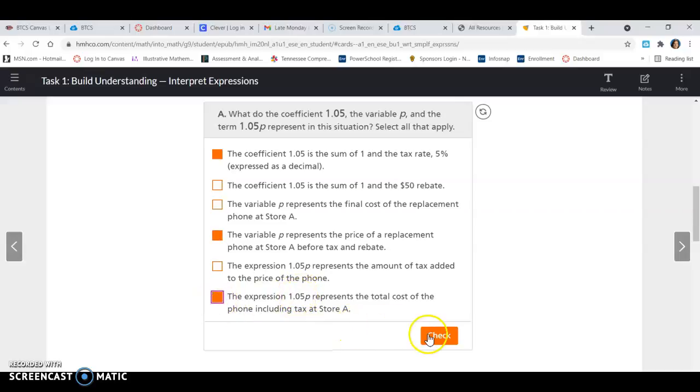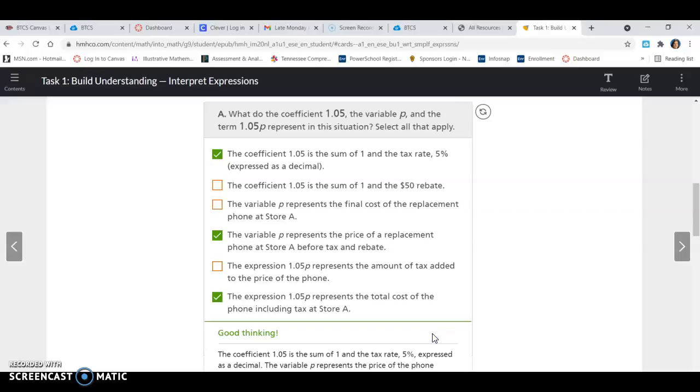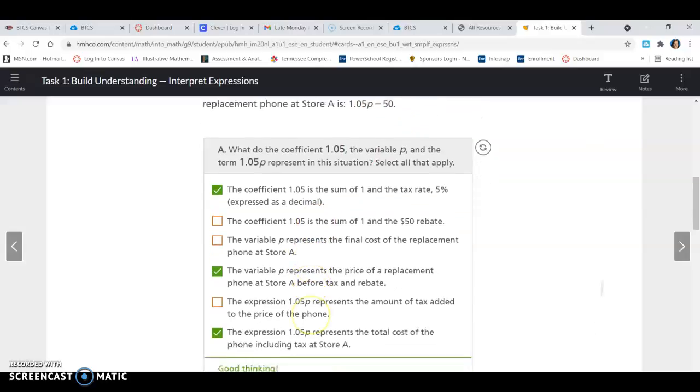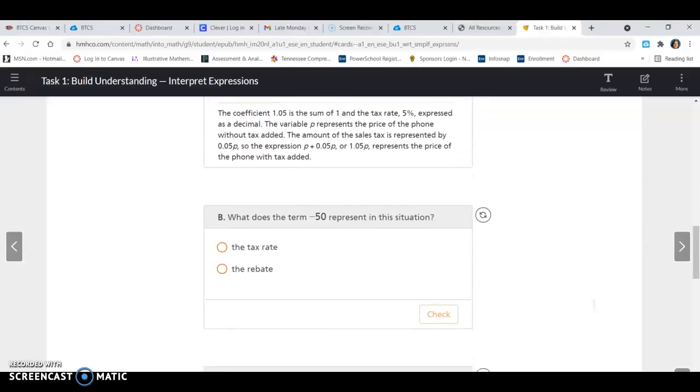So that's the total cost plus the tax rate. All right, so what you have to do is read through those and try to make sense of that expression. So as you can see, each part, the coefficient, the variable, and the constant term all had specific reasons why they were in the expression.